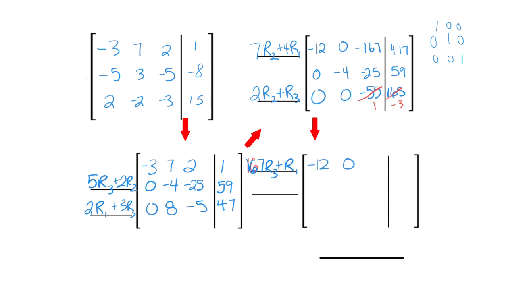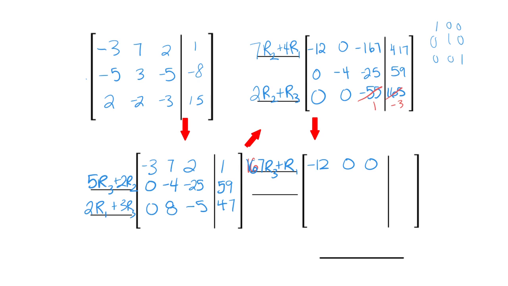Then I'm going to add zeros, and then I'm going to get a 0. That all plays out. That's the whole point. But let's check this last number. It's going to be a positive 167 times a negative 3, and then I'm going to add 417. And I get negative 84.